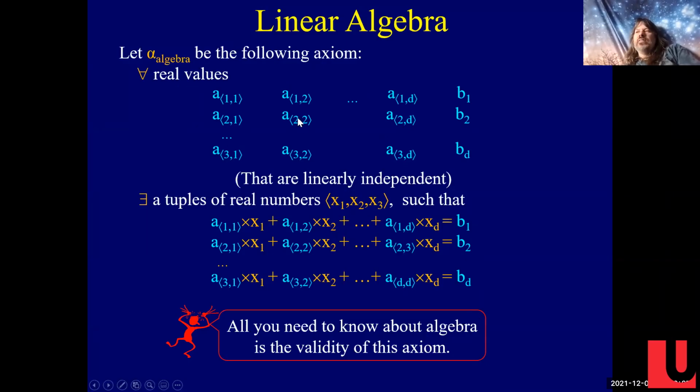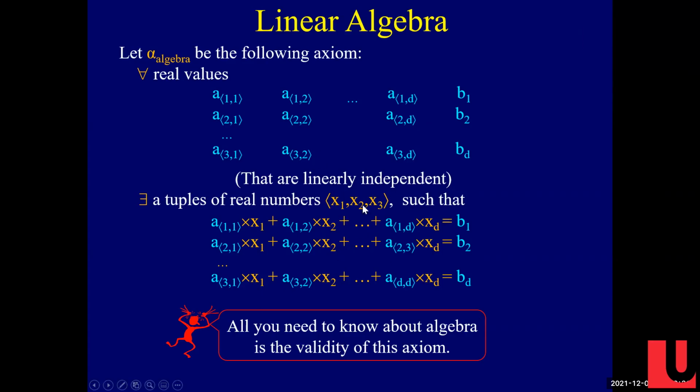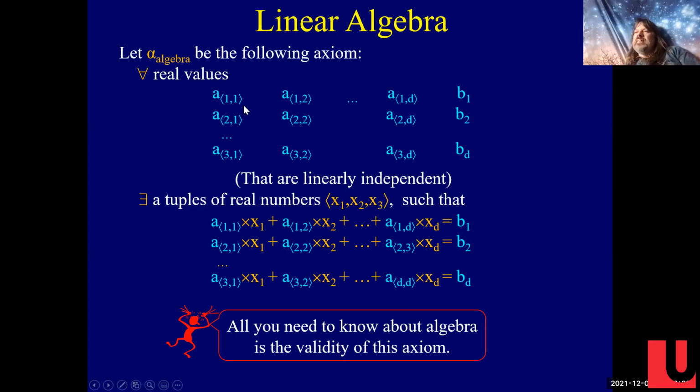I don't know if you've ever heard that, you have n equations in n unknowns, then you have a solution. So here basically are the coefficients of 3 equations, and here are 3 unknowns. And this says for any 3 equations, with a little caveat, there exists a solution, right?